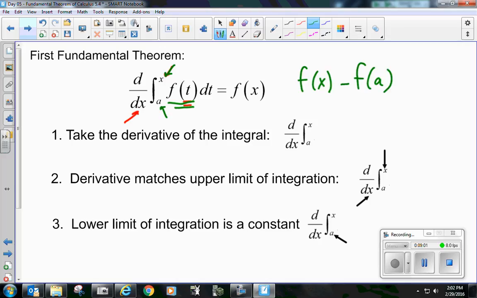Don't forget a is a constant, correct? Correct. Now, after I integrate, I have to take the derivative. If I take the derivative of a string of expressions, it's like taking the derivative of each one individually. The derivative of this, and the derivative of this. The derivative of any constant is 0, because a is a constant. So really, you just have this left.